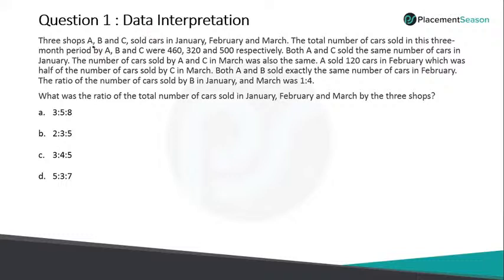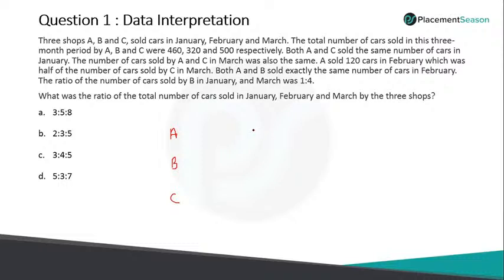We are given 3 shops, A, B and C, so we'll write A, B and C. They sold cars in January, February and March. What is the question asking? The ratio of the total number of cars sold in Jan, Feb and March by the 3 shops, month-wise.